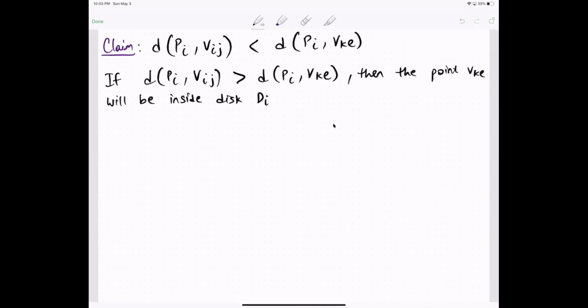Well, remember this point Vij itself is on the boundary of the disk Di. Now, if you're saying some point Vkl is closer to Pi than Vij, then it has to actually lie inside the disk. And if it lies inside the disk, then Vkl cannot be on the boundary of the union. When you're inside the disk Di, you cannot be on the boundary of UD, right? That's not even possible.